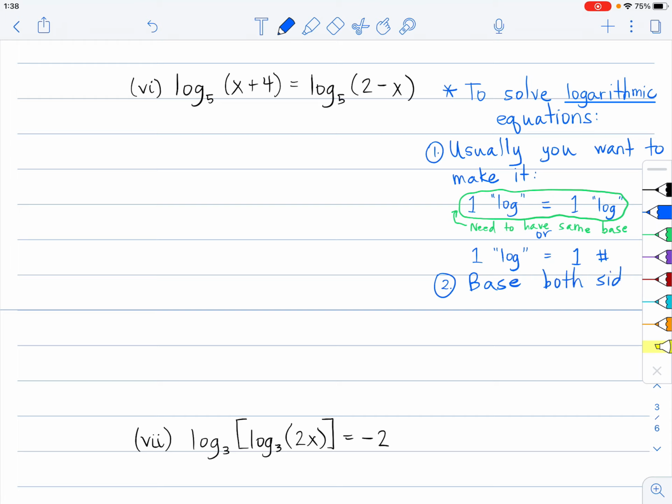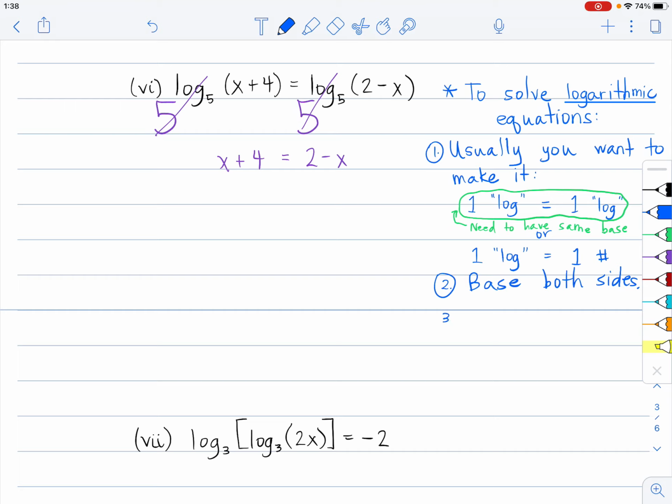Now, when we base both sides, we are writing our base big and down because we are turning our log base 5 of x plus 4 and our log base 5 of 2 minus x into exponents. Because 5 raised to the log base 5 cancels and x plus 4 falls out. And that's going to equal 5 raised to the log base 5 cancels and 2 minus x falls out.